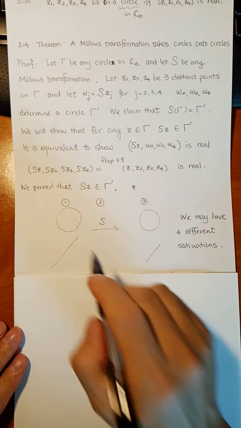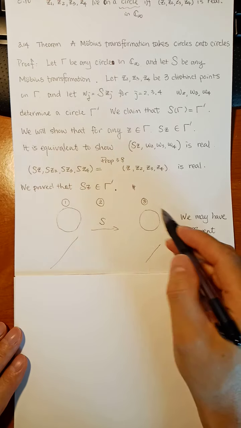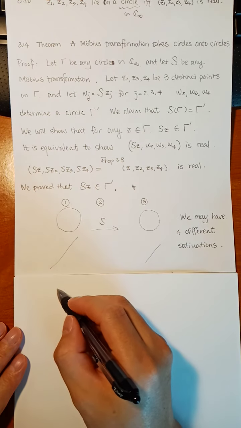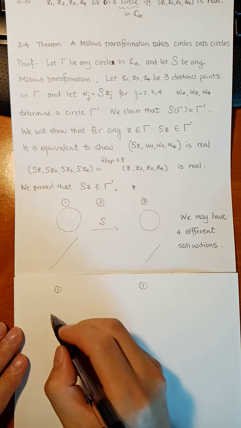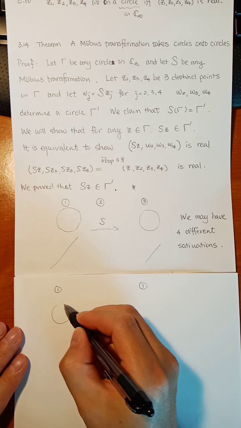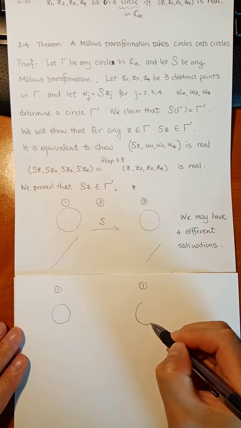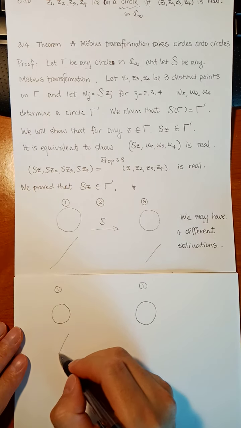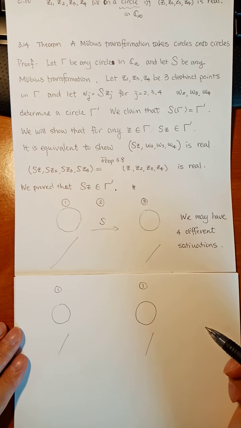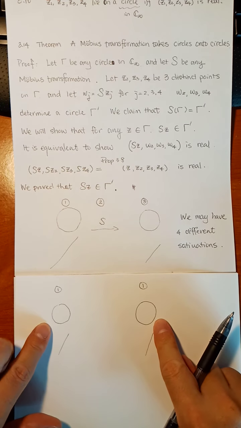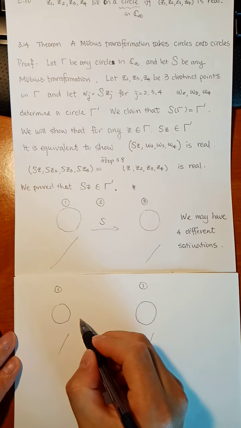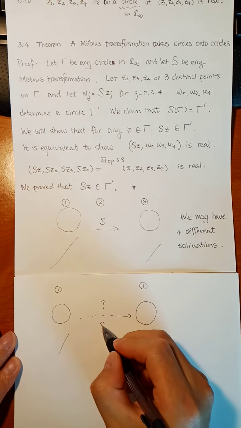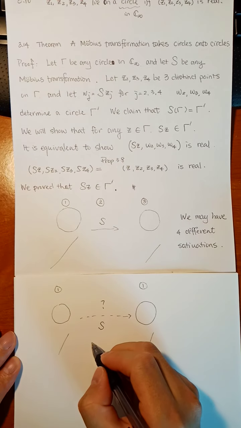Well, if we change the order, for example, assume we have a circle and another circle, or maybe a straight line and a straight line. We have them together first. We want to construct a Mobius transformation.